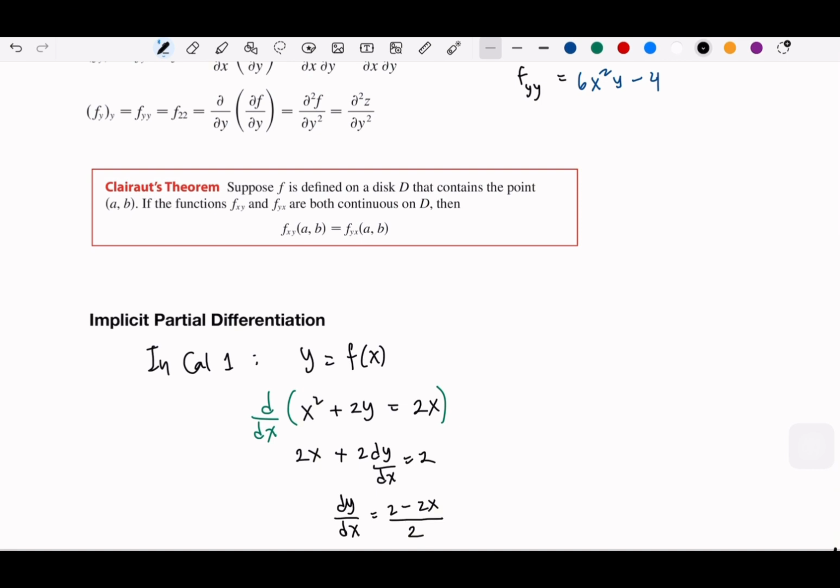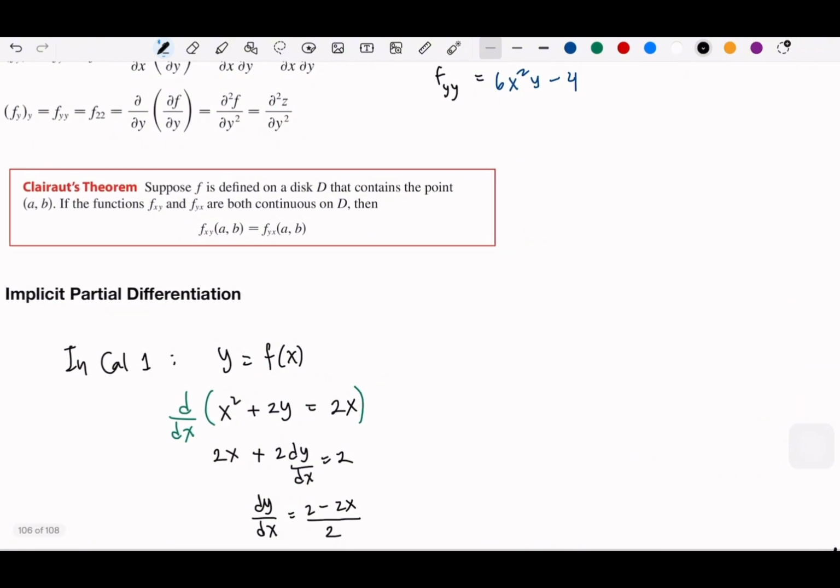Now we can make this concept in calculus 2 using partial differentiation. It will work similarly. The difference is we are dealing with multivariable functions. In calculus 1, we only deal with a single variable. So now let me write here.